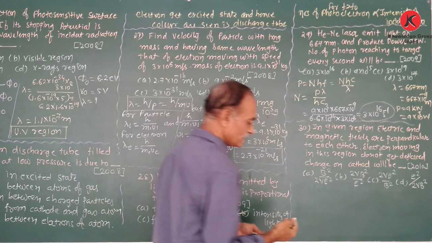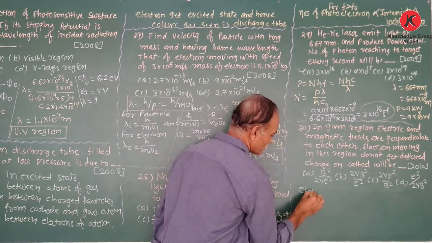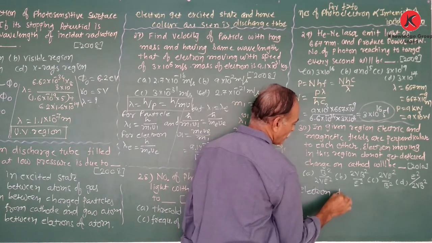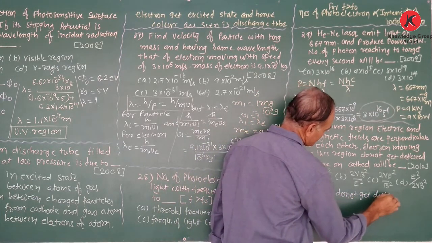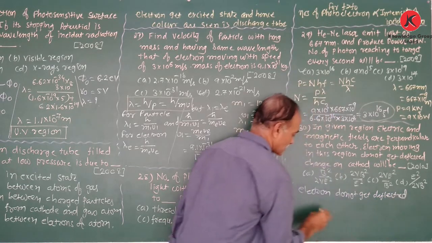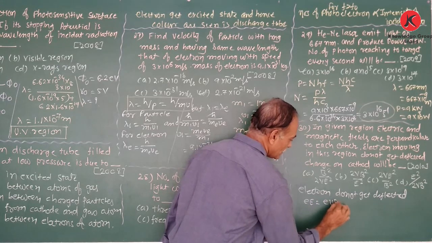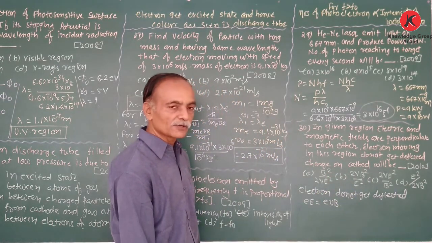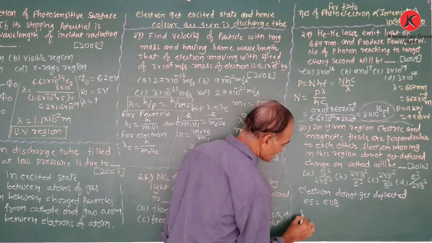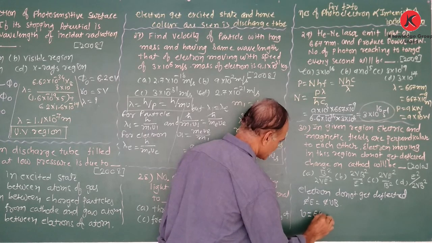Therefore, we can say the electron does not get deflected. It means the force due to the electric field and force due to the magnetic field are the same. That means eE is equal to eVB. Therefore, velocity is equal to E upon B.